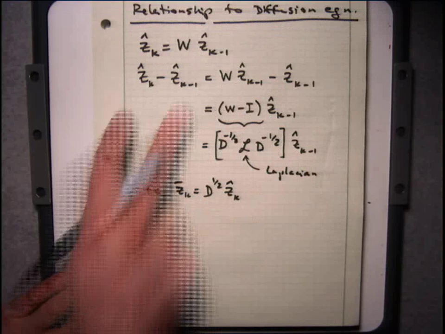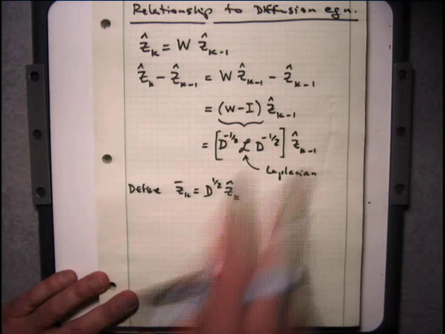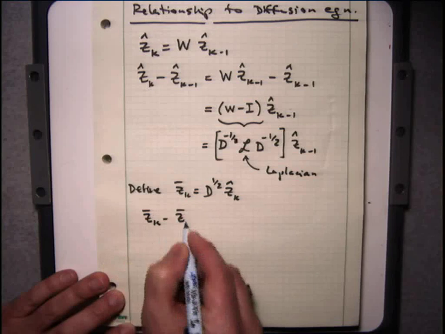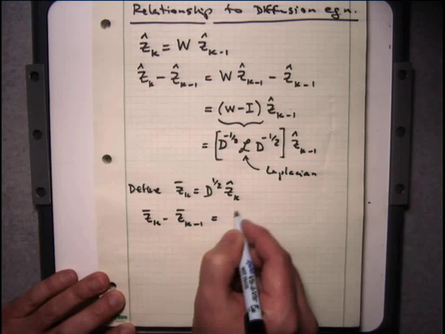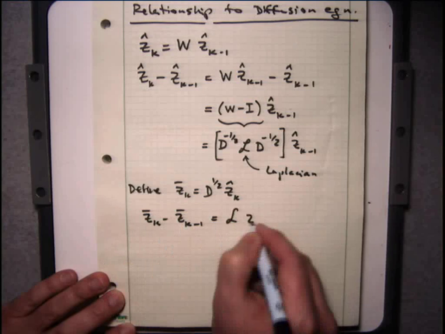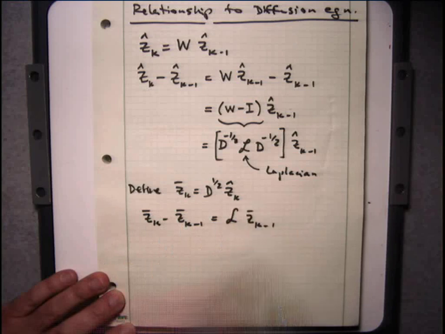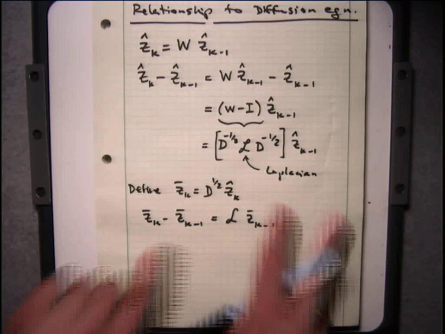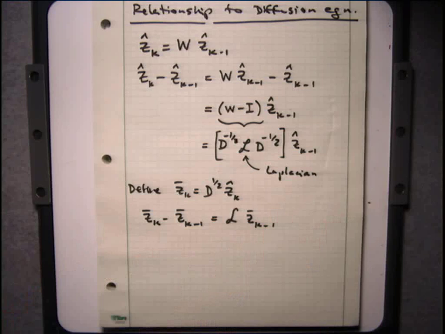The left-hand side and the right-hand side can be written as z bar k minus z bar k minus 1 equals the Laplacian operator times z bar k minus 1. Okay? Now, these are stated in terms of a discrete index, right? k, k minus 1, and so on.